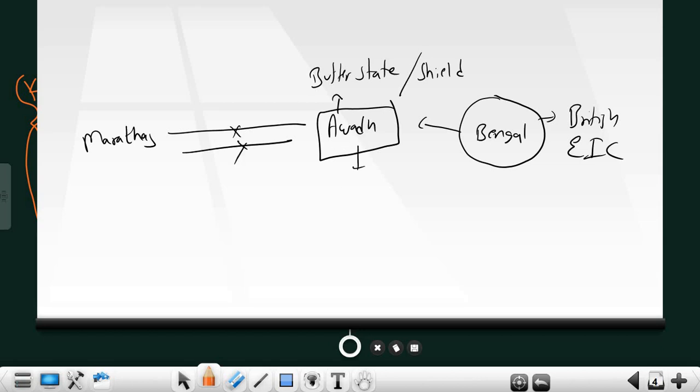They started deploying their soldiers in Awadh, just only to check the influence of Marathas. So Awadh was being treated as a buffer state.